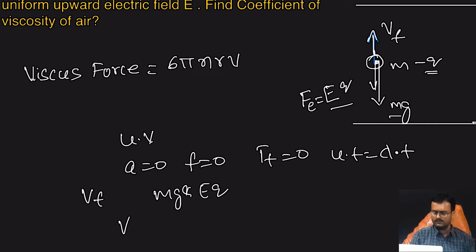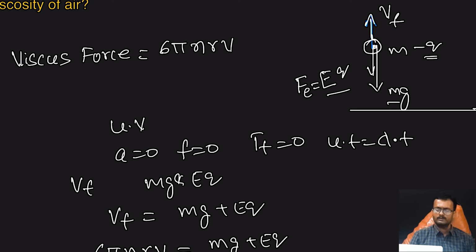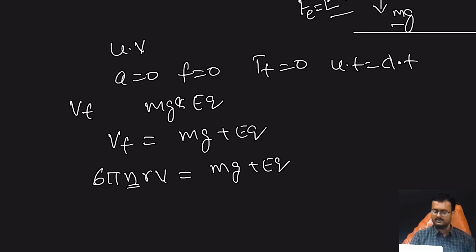So viscous force is equal to mg plus EQ. So what is the viscous force? That is 6 pi eta r v, that is equal to mg plus EQ. So now the question is, find the coefficient of viscosity. So eta is equal to mg plus EQ by 6 pi r v. So this is the answer.